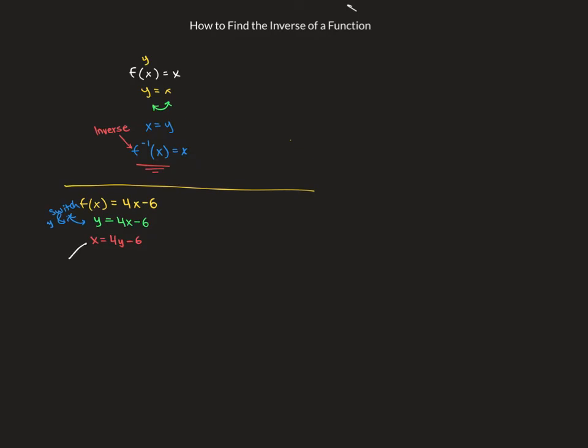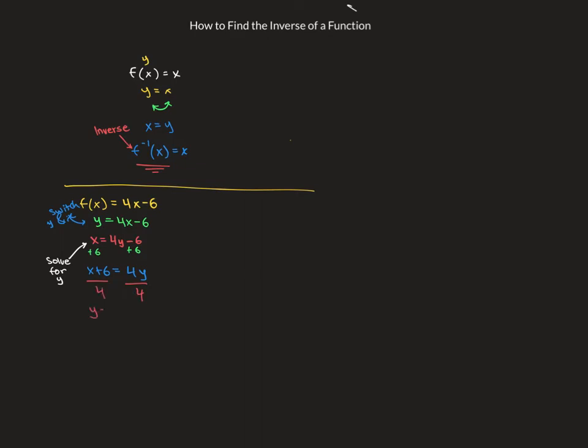So now once you come to this swapped equation, or the inverse equation, you solve for y. Let's isolate our y, so we'll do plus 6, plus 6. So then it'll result in x plus 6 is equal to 4y. And then let's isolate y again. So divide by 4, divide by 4.